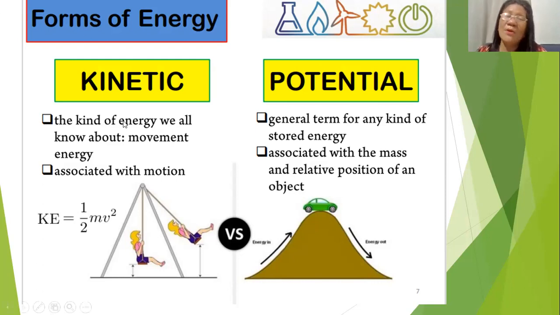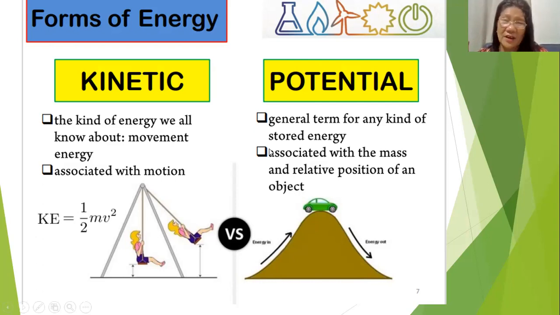If we talk about kinetic energy, this is the energy which has something to do with movement, associated with a moving body. It has a formula: kinetic energy is equal to 1/2 mass multiplied by velocity squared. Later we will look at what the units of this are.